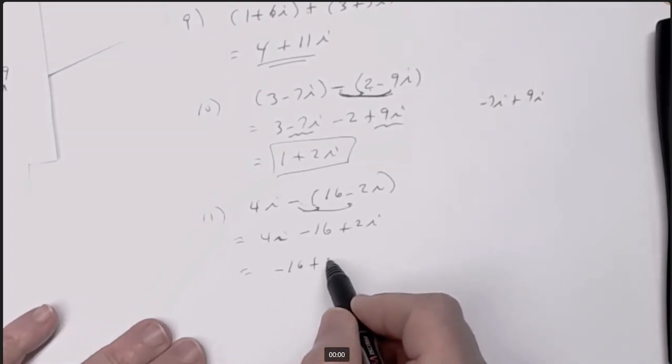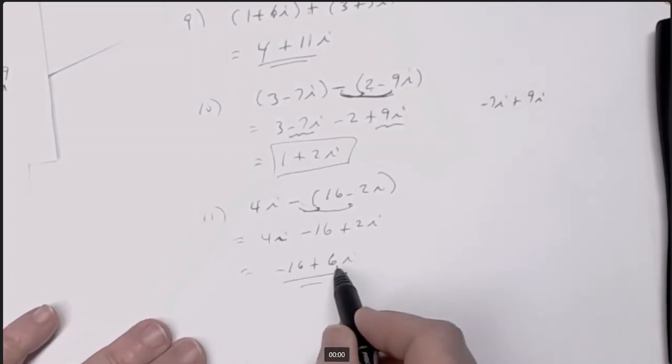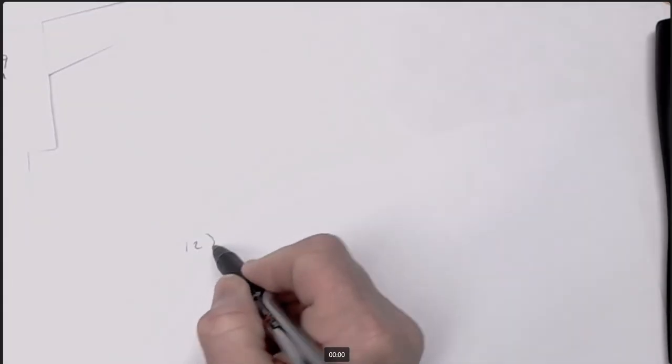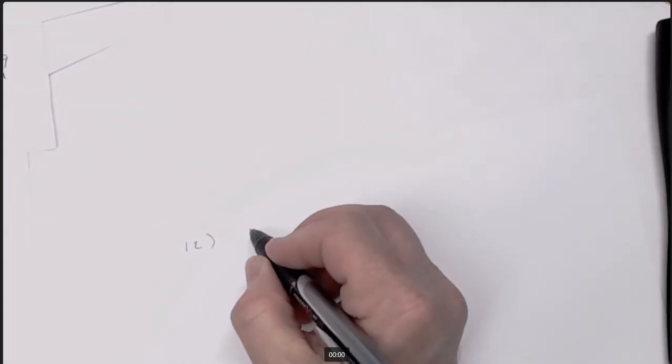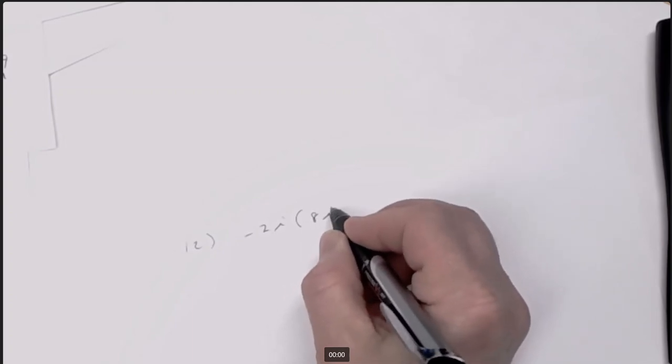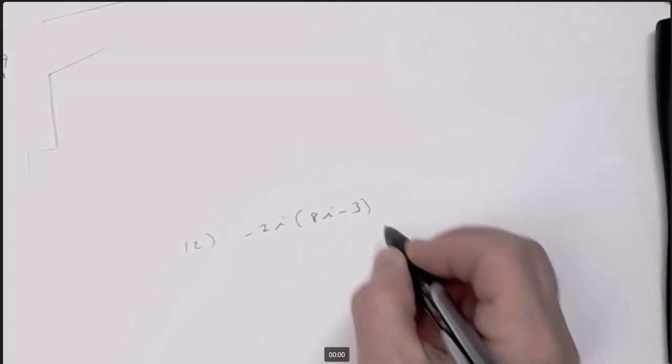All right, now let's do a multiplication. So number 12, let's say we had negative 2i times 8i minus 3. You see you're multiplying, right? That's a multiplication right here. Negative 2i times.